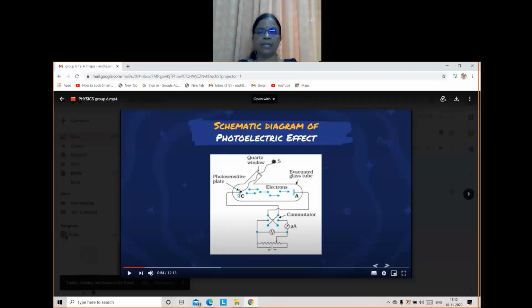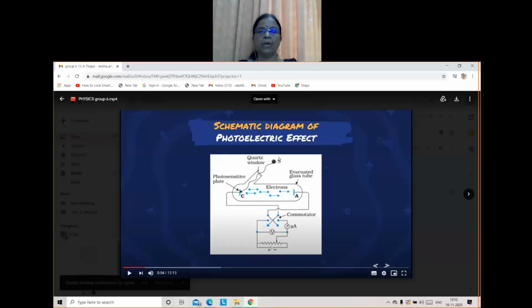The minimum energy required for a metal to eject an electron. And the incident light must have an energy equal to the work function. Then only will electrons be ejected. Understood? So when the incident light has an energy equal to the work function of the metal, then only the electrons will be ejected.